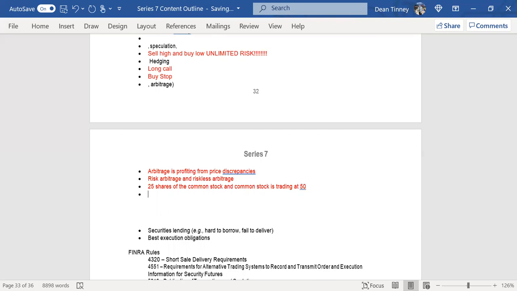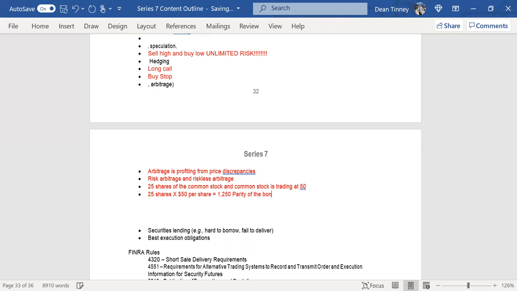So, if we took parity, we took the 25 shares and we times it by the $50 per share the stock is trading at, we would find out that parity of the bond is, let me get my calculator. I'm terrible at arithmetic, so I always like to use my calculator. 1250. So that's parity of that bond. That's when those are equivalent transactions.